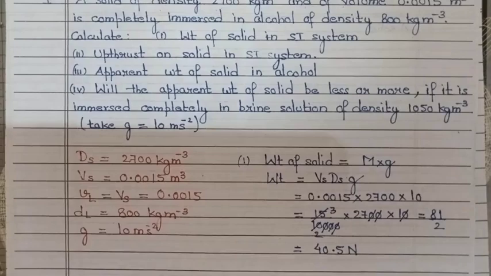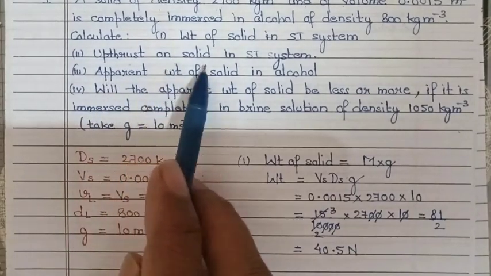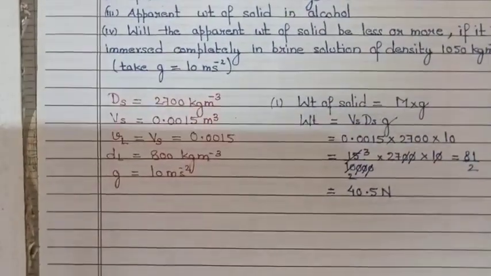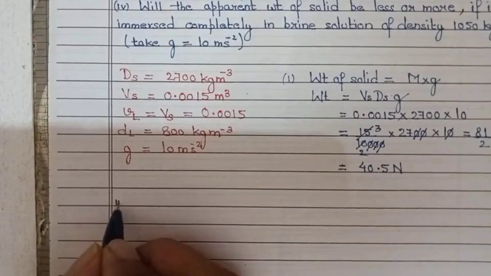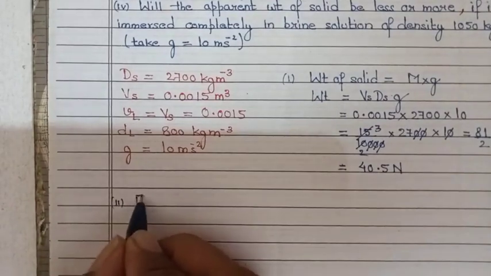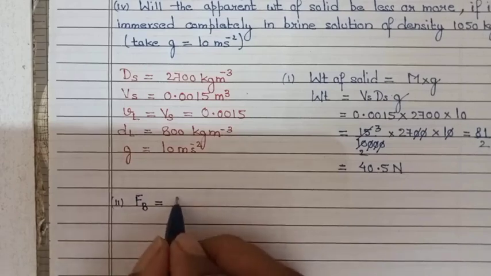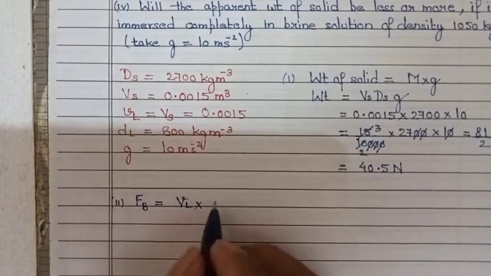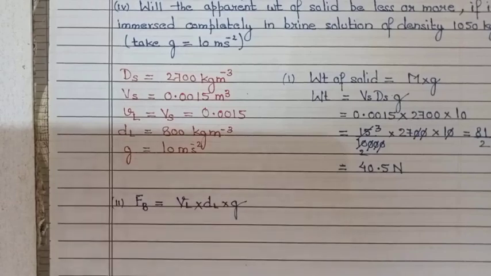Now let's see what they have asked us to calculate in the second part. They have asked us to calculate upthrust. Okay, so let's calculate the upthrust. Now upthrust, that is the buoyant force. Formula for upthrust, we have volume of the liquid displaced into density of the liquid into gravity.